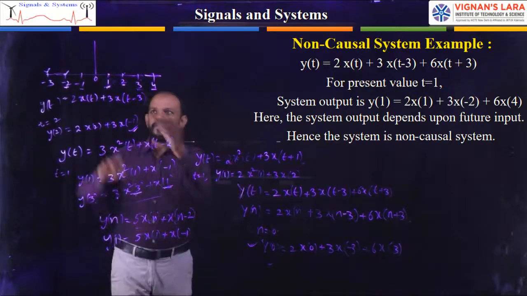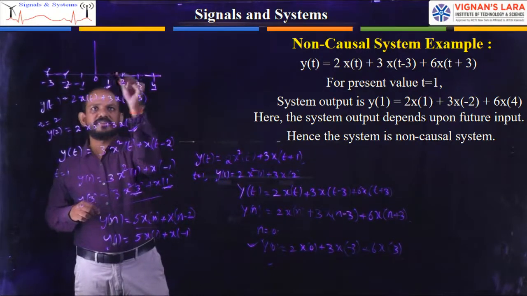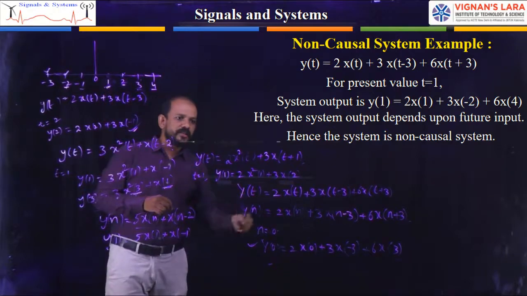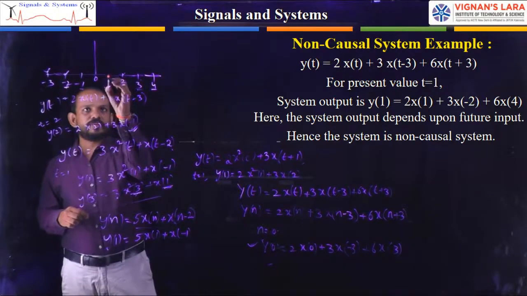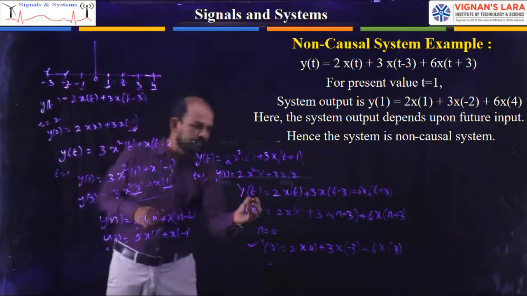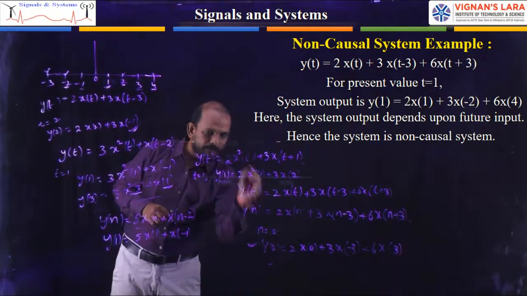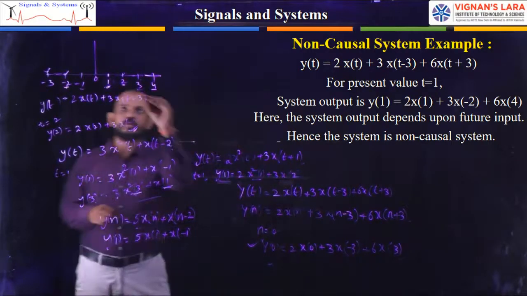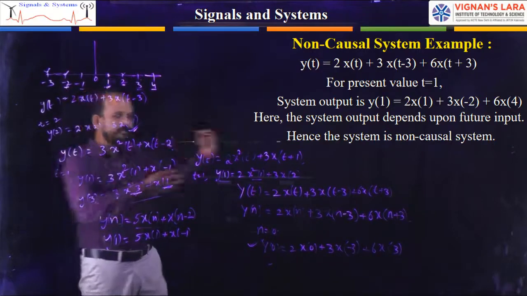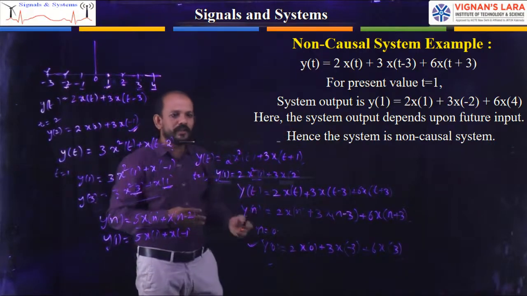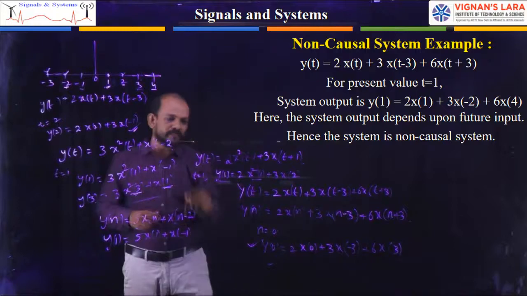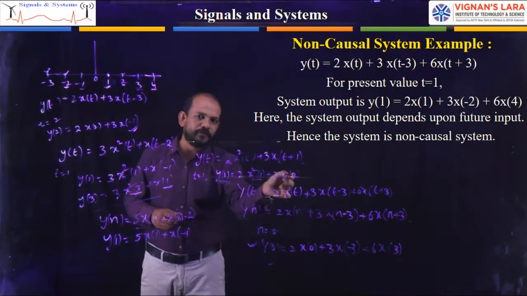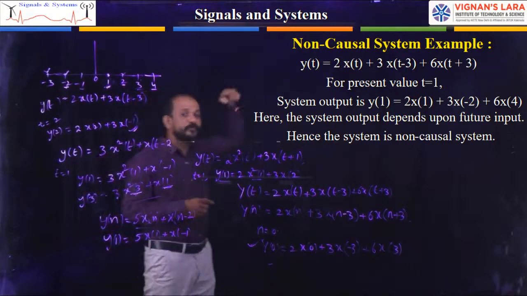So see, this is the first point. At this point, what do I need? x square of 1. That is also at this point. That is, here the output depends on present input. Next, x of 2. With respect to 1, 2 is the future value. That means here the output depends on present and future. The output depends on future value.